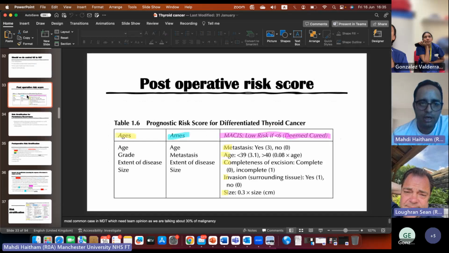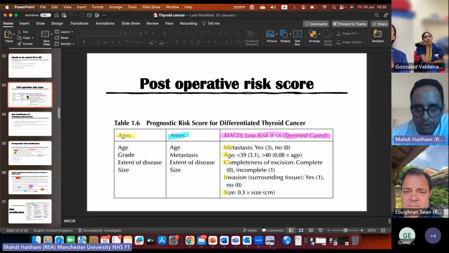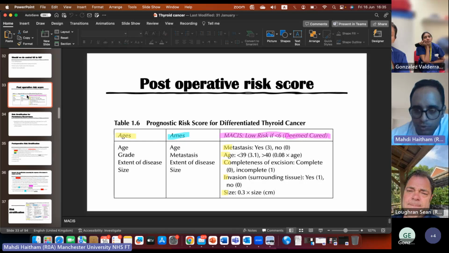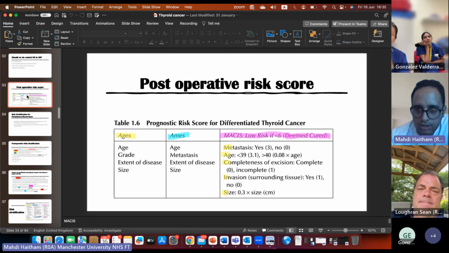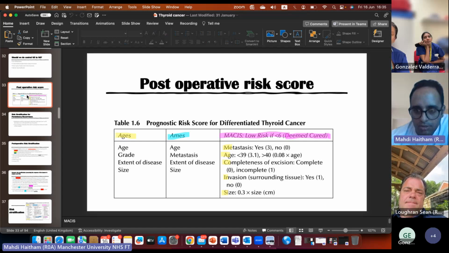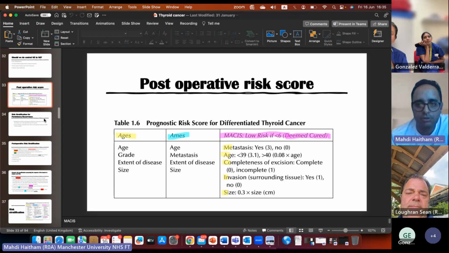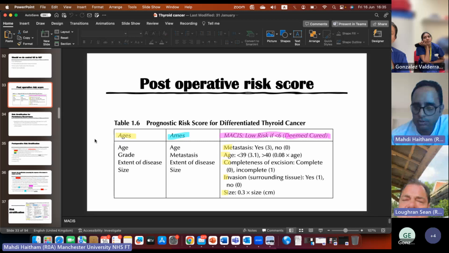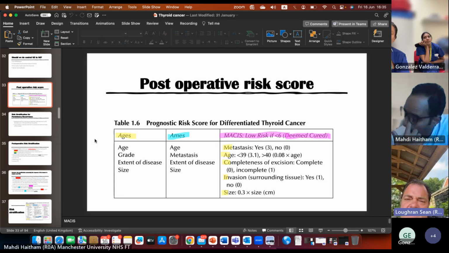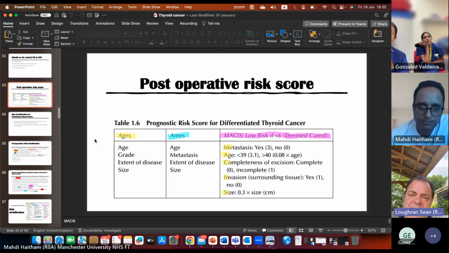Yeah. And are we using this by any means in our MDTs like a prognostic risk factor whenever we do a total thyroidectomy? Like if there is any mets, age, this was the MACIS risk scoring for patients to know what is the prognosis. So is this by any means helpful? Like it is helpful, but it's not something that we tend to usually discuss certainly in the MDT.